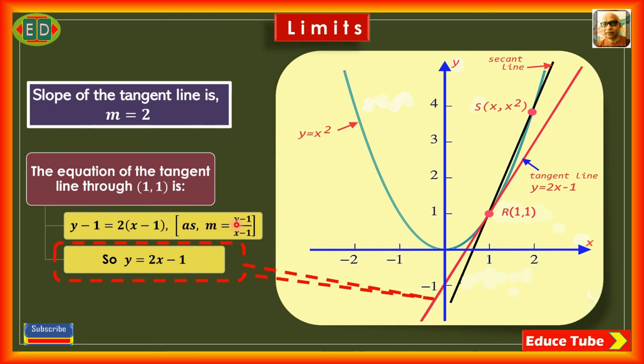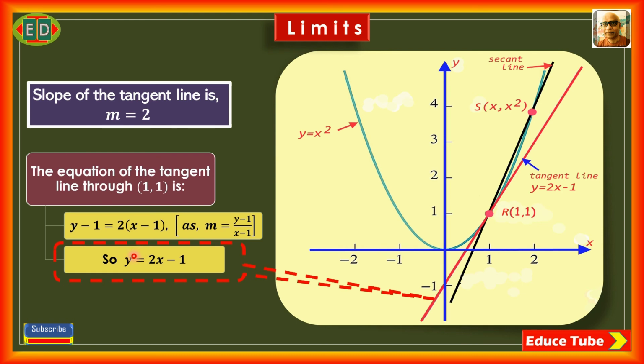Putting the value of m as 2, now with simplifications, we get y equal to 2x minus 1.